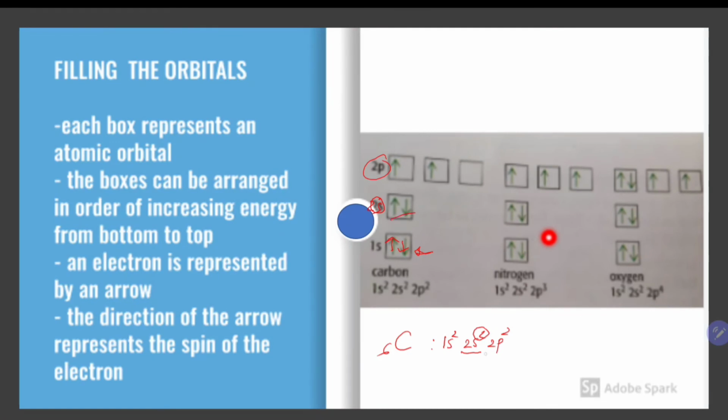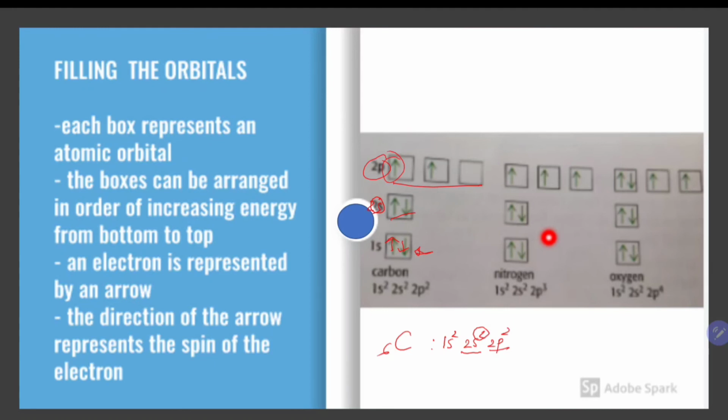And then for the 2p subshell, actually there are 3 orbitals. In the 3 orbitals, the electrons are only 2. And then how do these 2 electrons occupy the 3 orbitals in subshell p? The electrons will fill the orbitals singly first.